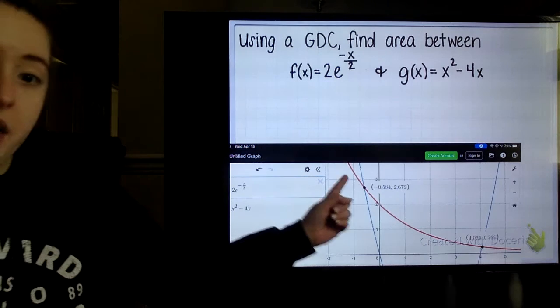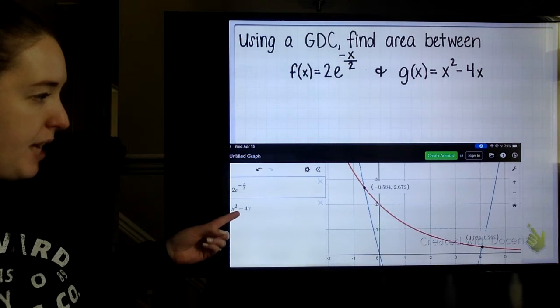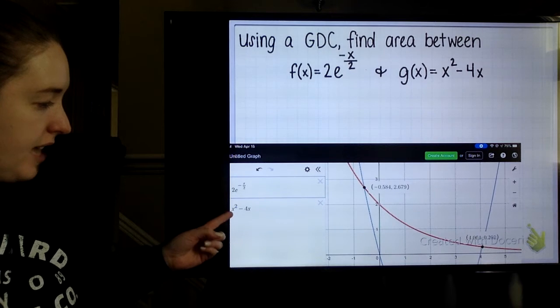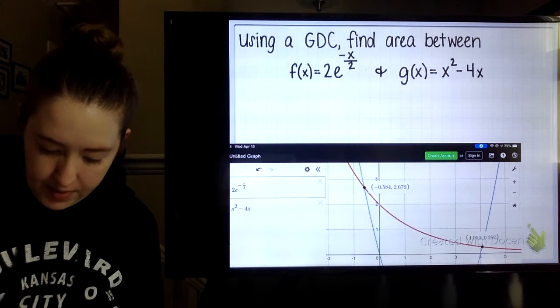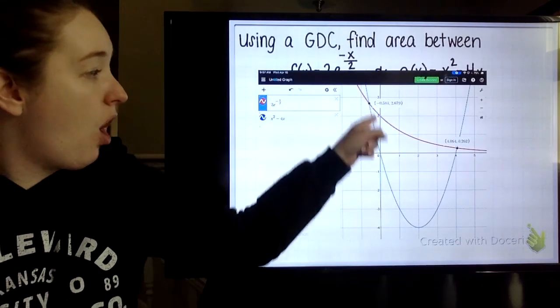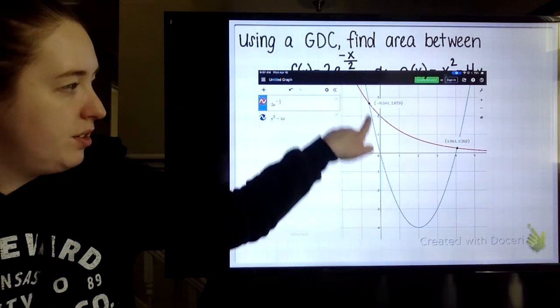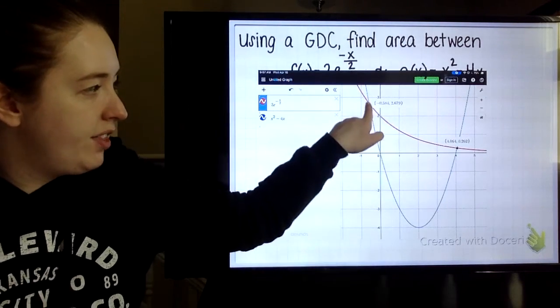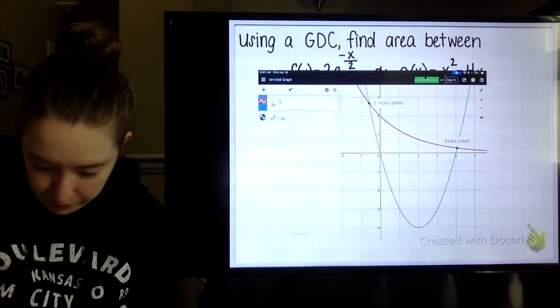So the red graph right here is f of x, and my blue graph is x squared minus 4x. So actually, let me select this so we can look at it for just a minute. What we're trying to find is all of this area in between here, this little dippy part right here, and then it's cut off by that red part on top.